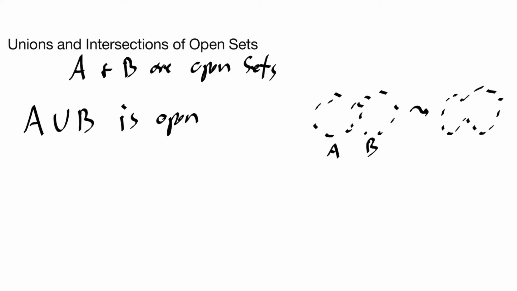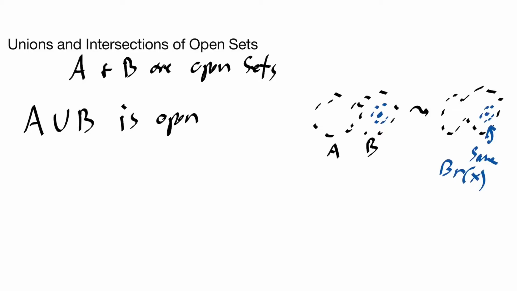And so therefore if I took some point in A union B, it would have a ball around it, but notice that exact same ball works for the larger set. So I can use the exact same radius about that point to solve my problem.